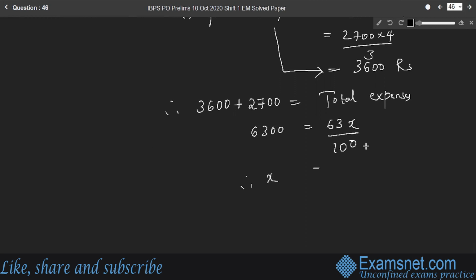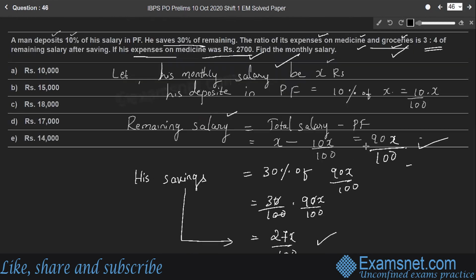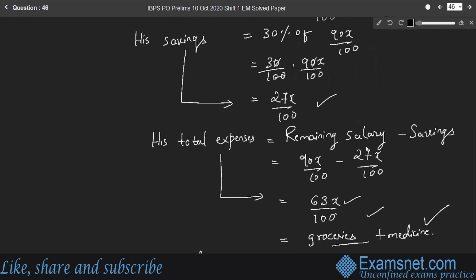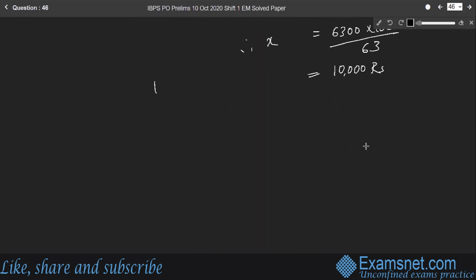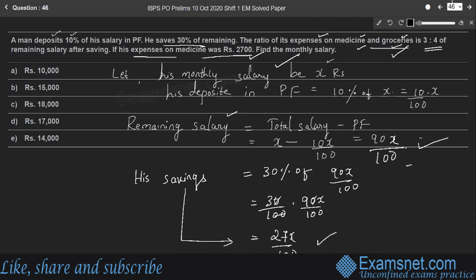Therefore, x is equal to 6,300 into 100 by 63. You will get 100 into 100, which is 10,000 rupees. So according to the first part, his monthly salary is x rupees. Therefore, his monthly salary is equal to 10,000 rupees. Look at the options. Option A is the right answer.